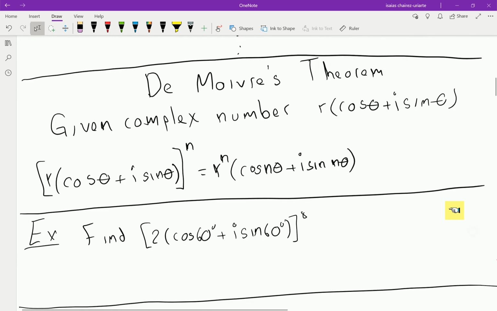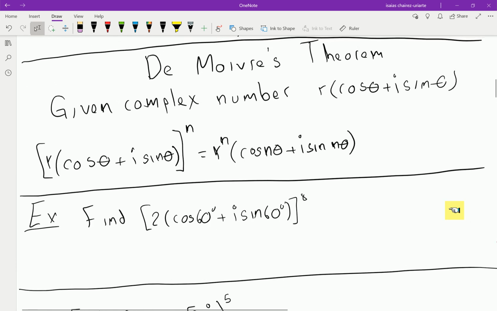This gives rise to DeMoivre's theorem, which says that if you're given a complex number r cosine theta plus I sine theta, and you want to raise it to the nth power, you get r to the n times cosine of n theta plus I sine n theta. And that's it. So let's practice with this first.